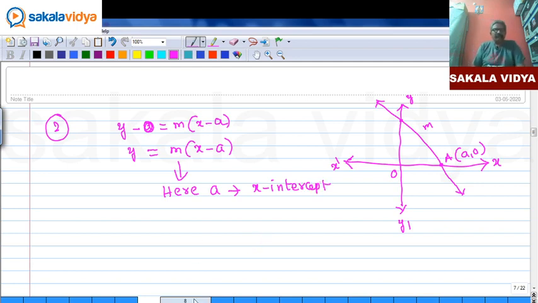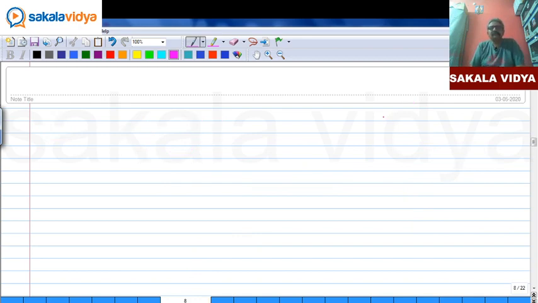So next now, this is the origin, x, x dash, y and y dash.